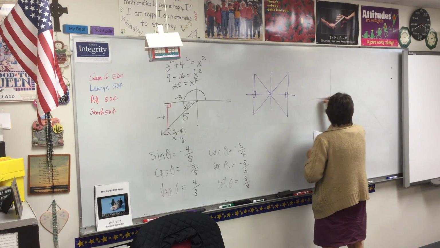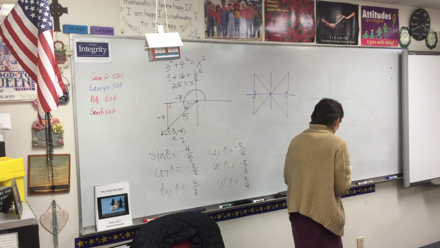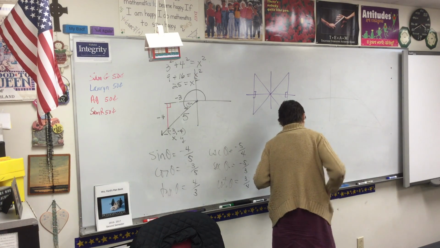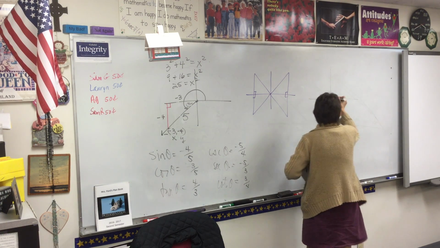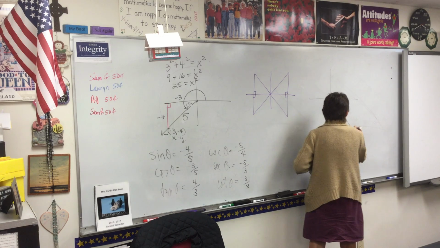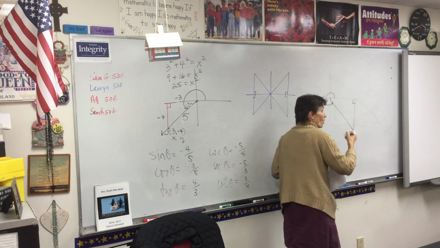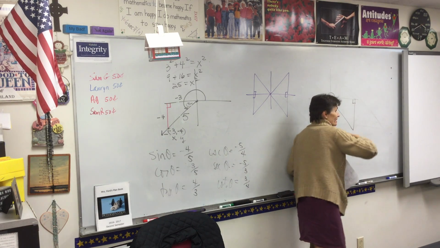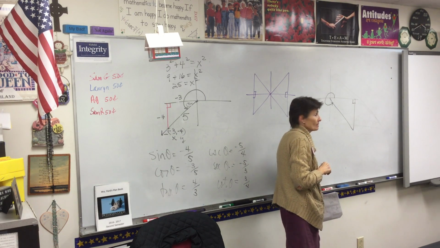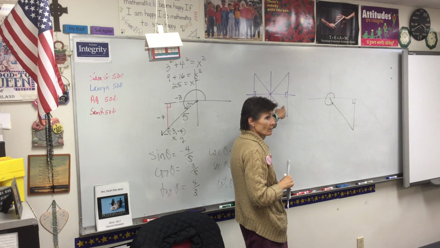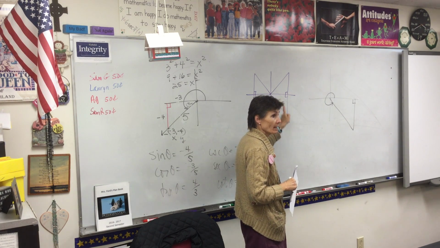So this time, my angle is all the way around here into quadrant 4. Now I have done this so long, I automatically make that triangle. I'm in quadrant 4. That's what my triangle has to look like.